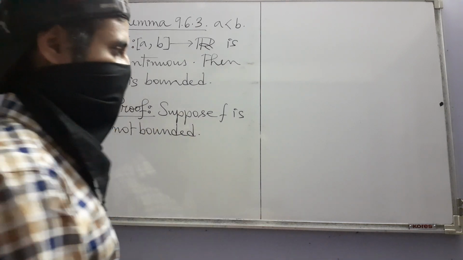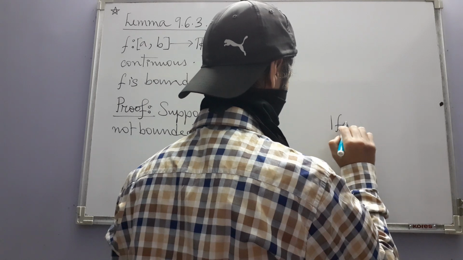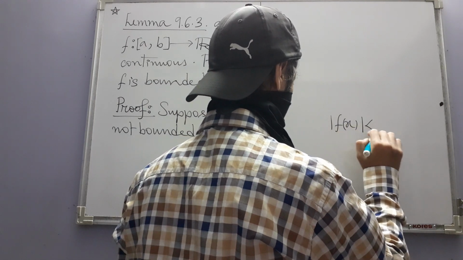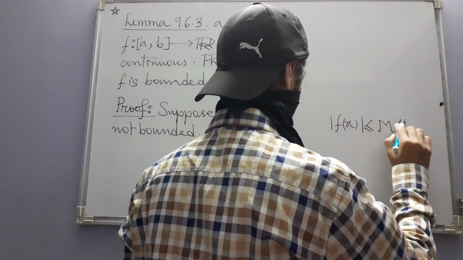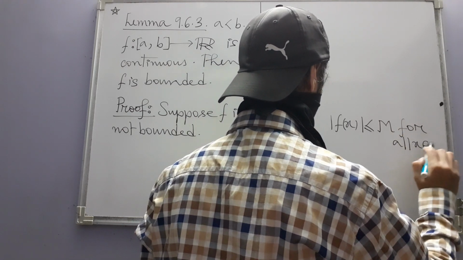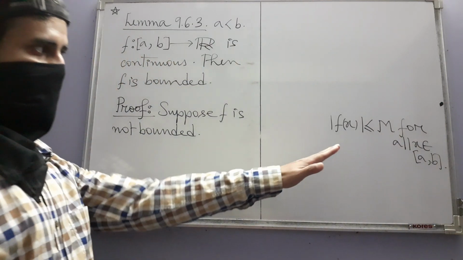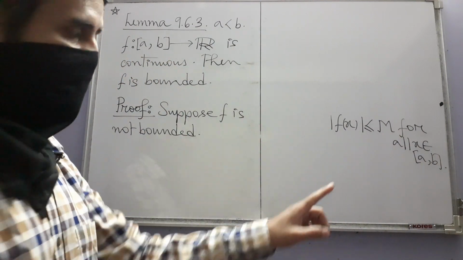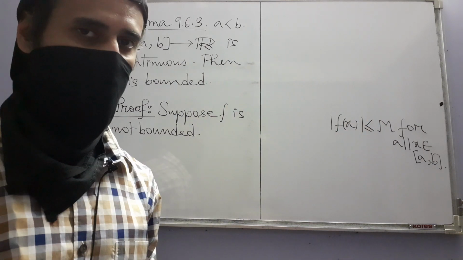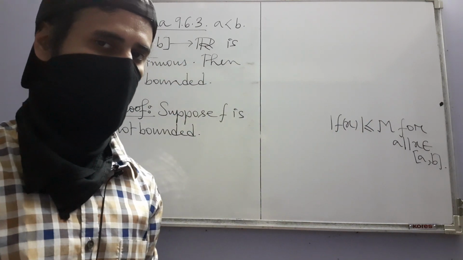That means there is no such m for which this will happen. This statement is not true for any m. No matter what m you choose, this statement will be false.